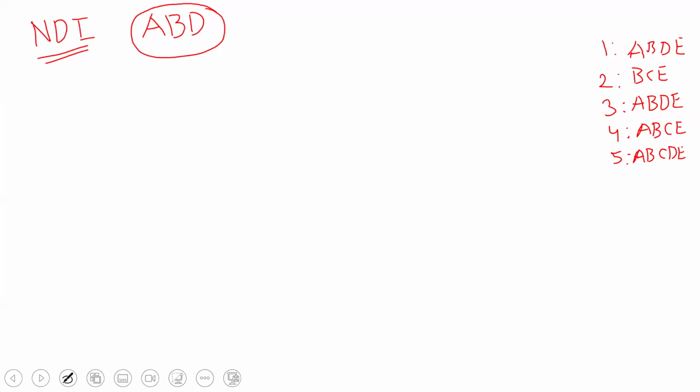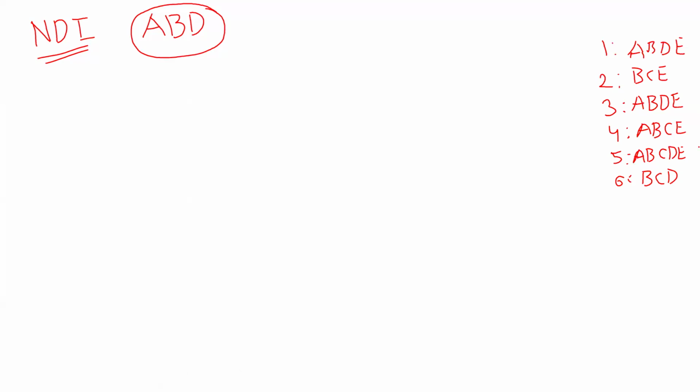ABCDE is the fifth transaction, and the sixth is a further transaction. I'm taking an example of a transactional database, and we have an item set which is ABD. Now we have to find out whether ABD is a derivable or non-derivable item set.